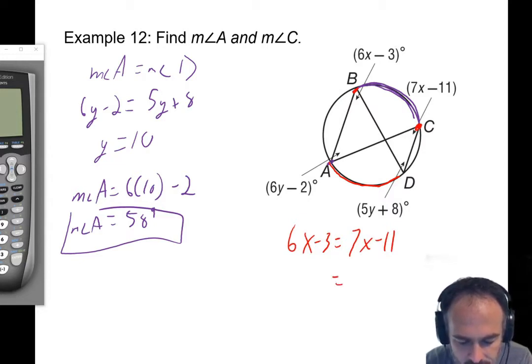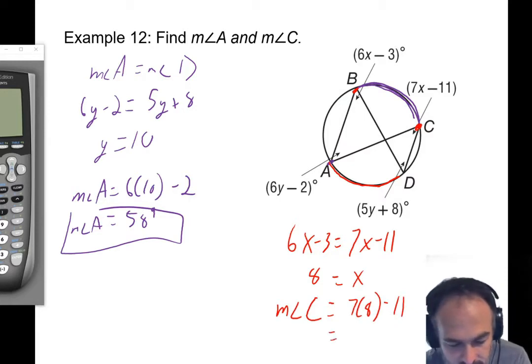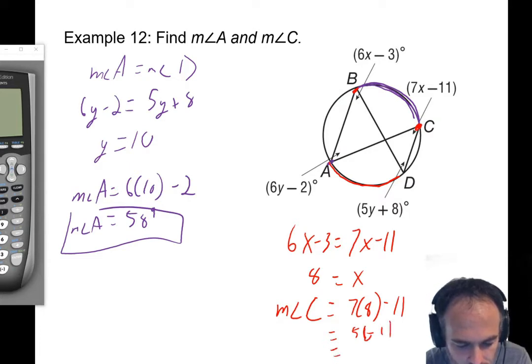Subtract 6x on both sides gives me x on the right. Add 11 on both sides gives me 8 on the left. Then the measure of angle C is equal to 7 times 8 minus 11, which is 56 minus 11, which is going to be 45 degrees.